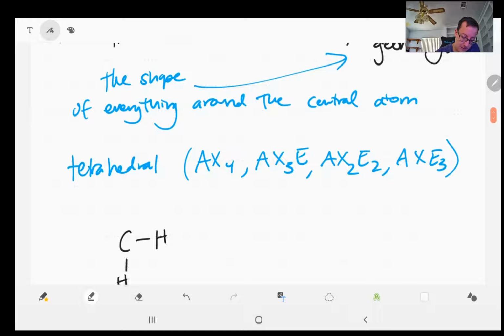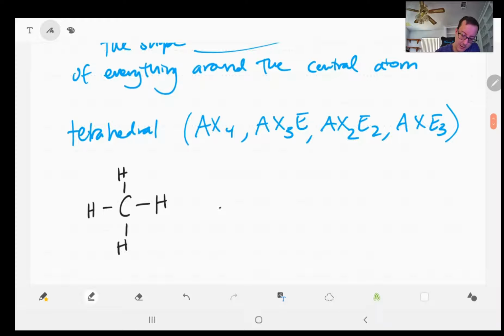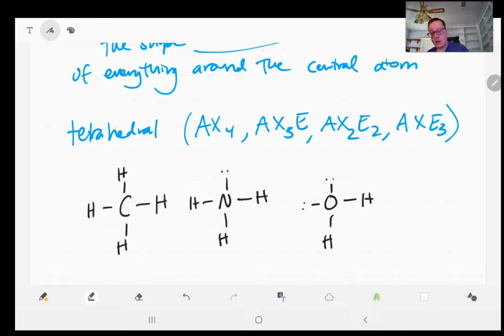Anything that has 4 things on it, no matter what those things are, I'm drawing bonds to the lone pairs just so we can see that there are indeed 4 things on it.